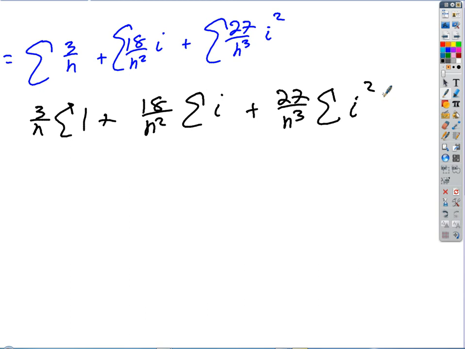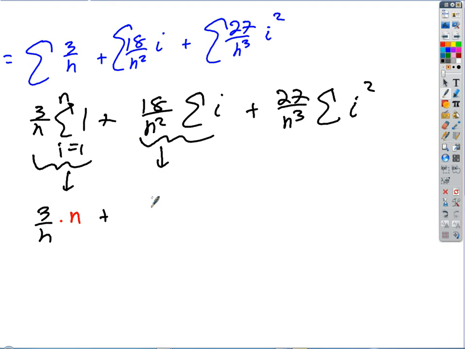What's the sum of 1 from 1 to n? 1 plus 1 plus 1, n times, right? What's that going to be? n. Yeah, n. So this first term is going to end up being 3 over n times n, and the n's will cancel. Plus, how about this one?